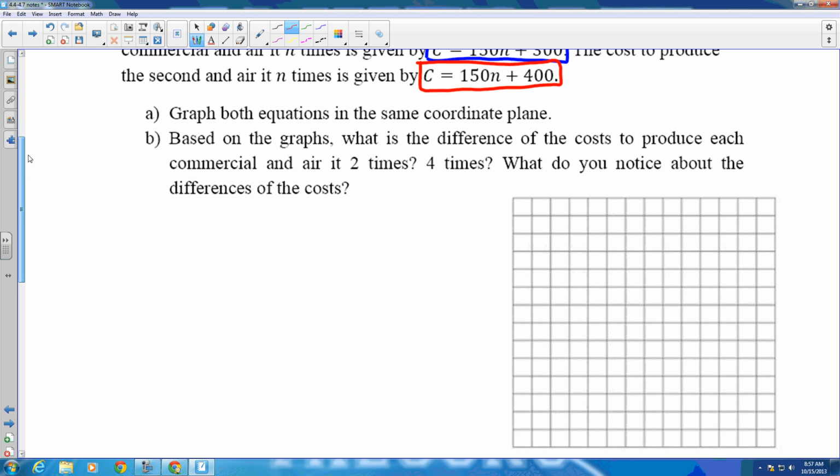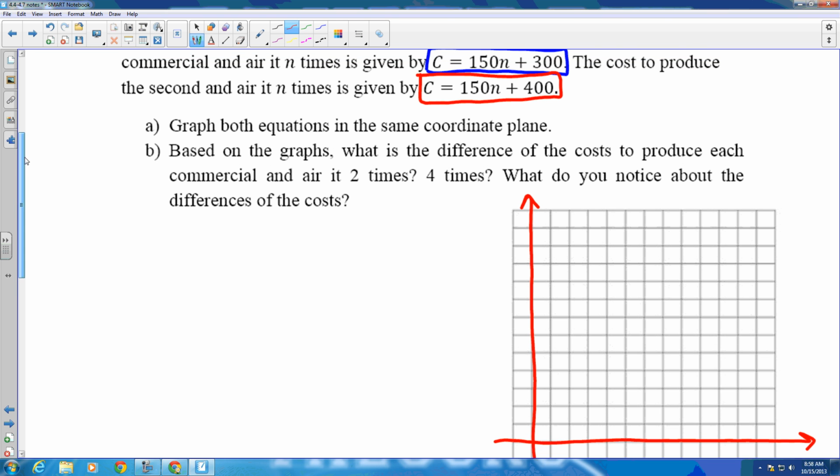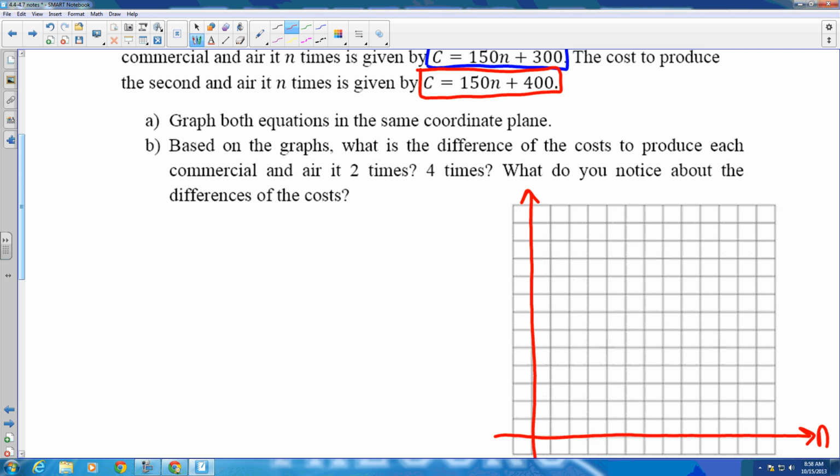Okay, so again we need to make our axes. Okay, this is our N, this is our C. So I think I'm going to go by 1s on the bottom, that's our number of airings. That's an 11, it's not letting me write down there.